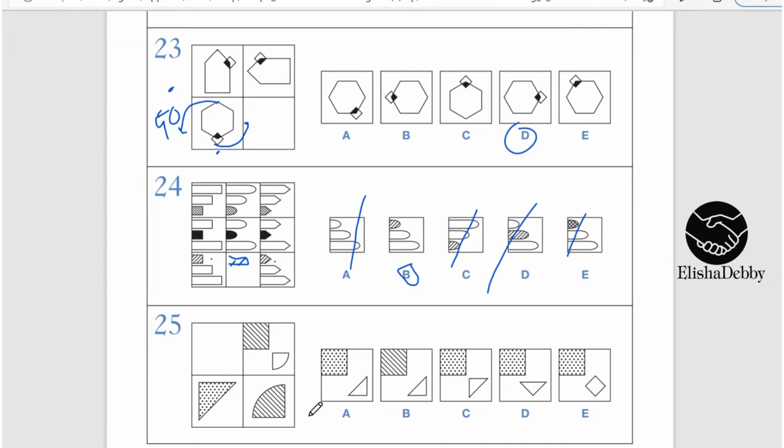Then number 25. I can see these are all different. So that means this shape is turned 180 degrees so that the inside shade takes the shading.